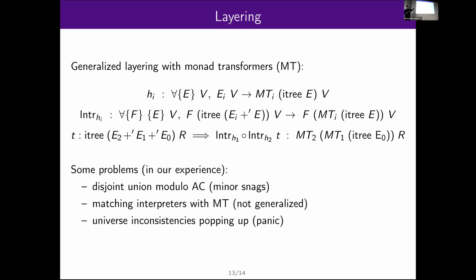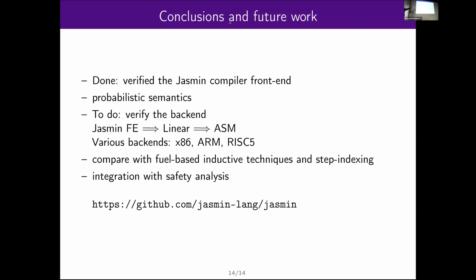As a conclusion, what we've done so far is the verification of the Jasmin compiler front end. We've also formalized the probabilistic semantics of Jasmin, which I'm not talking about now, using the distribution monad from an extended real library. What we want to do in the future is, of course, verify the back end, which includes linearization as the main pass.